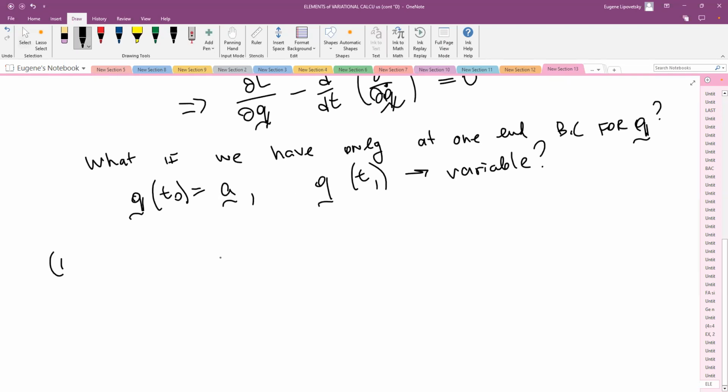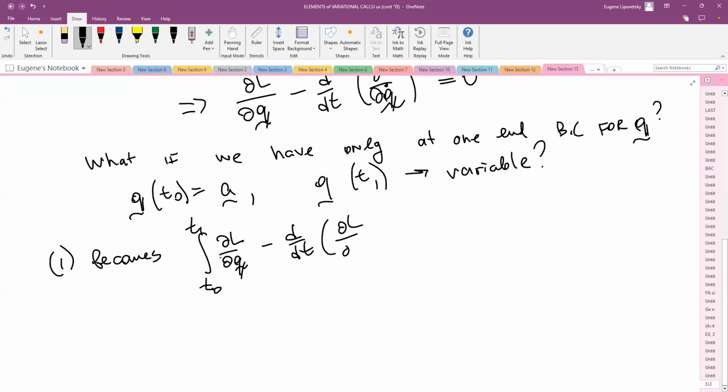Then equation 1 becomes the integral from t0 to t1, just like before, of dL over dQ minus d over dt of dL over dQ dot, times delta Q dt, and we have plus that extra term here.